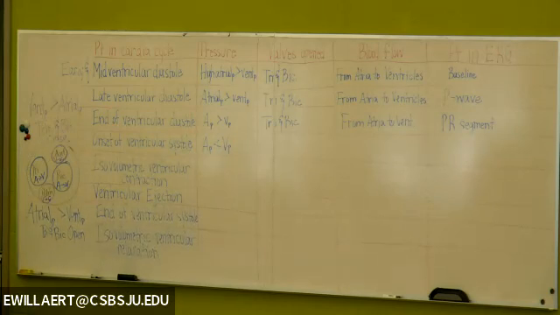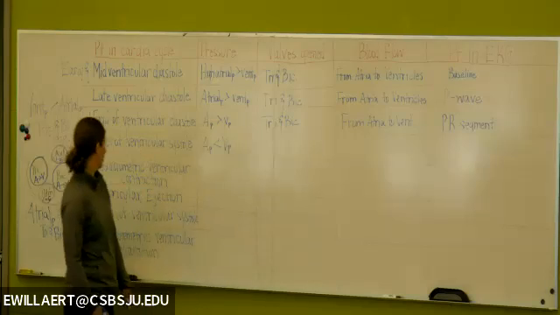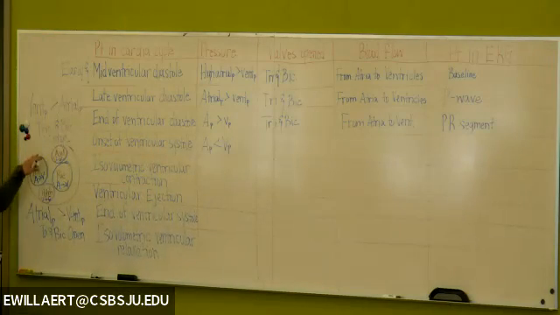So what do you think is going to happen to those tricuspid and bicuspid valves? They're going to stay open or are they going to close? They're going to close. So these two close because atrial pressure is really low. Atrial pressure is almost zero. Is systemic pressure almost zero?